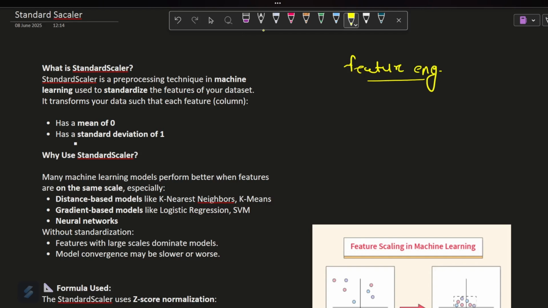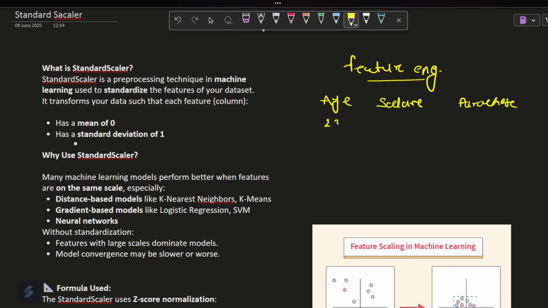Let's consider an example. We have age, and let's consider we have salary, and the output is purchase.